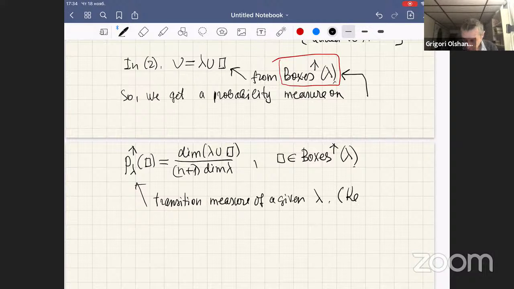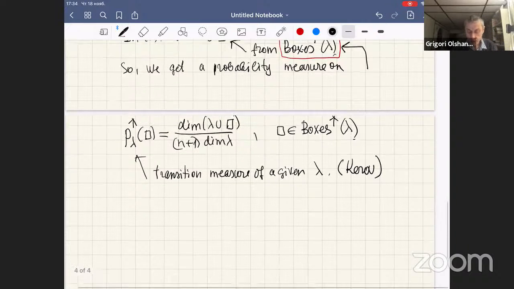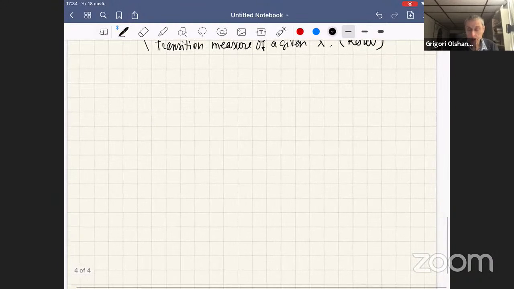I think this should be attributed to Kerov. I recall the picture which corresponds to Kerov's interlacing coordinates.